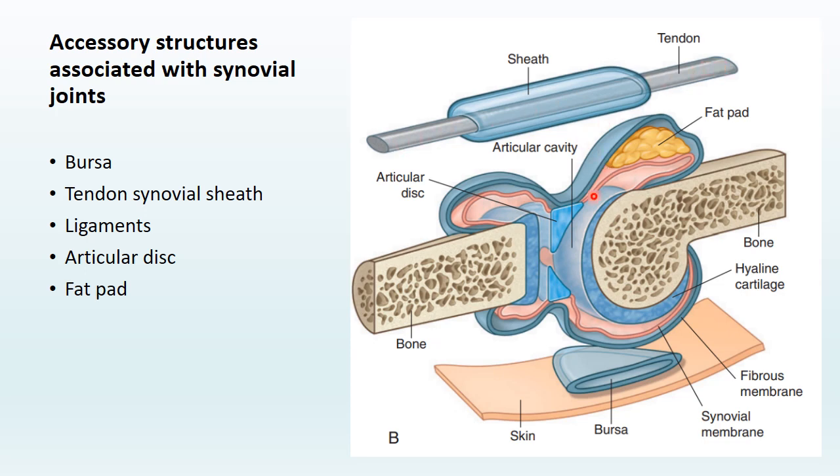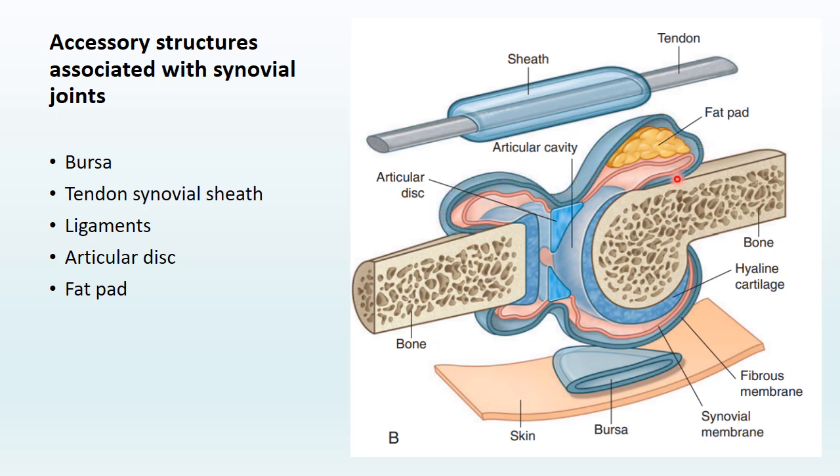Tubular shape, like a tube, around the tendon, especially when it passes close to the synovial joints, or sometimes we have some joints and some tendons that pass within the synovial joints, and we will study this later on, inshallah. So the synovial tendon sheath or tendon synovial sheath is a tubular shaped synovial sac filled with synovial fluid surrounding the tendons to reduce friction between the tendons and adjacent movable structure.